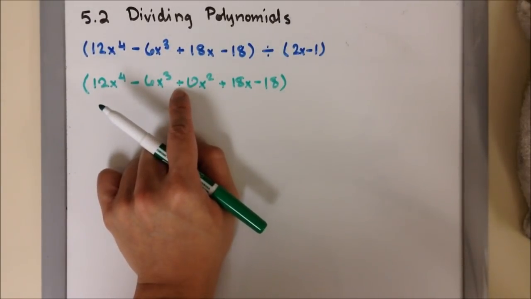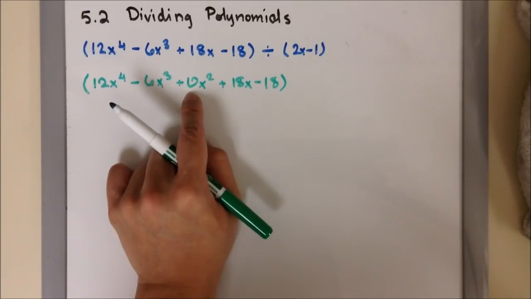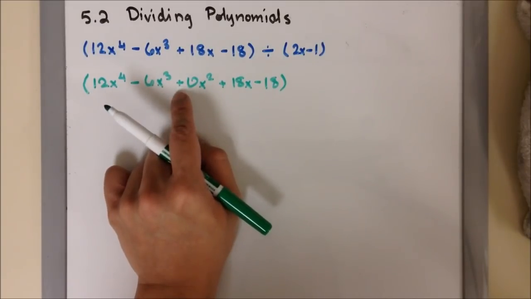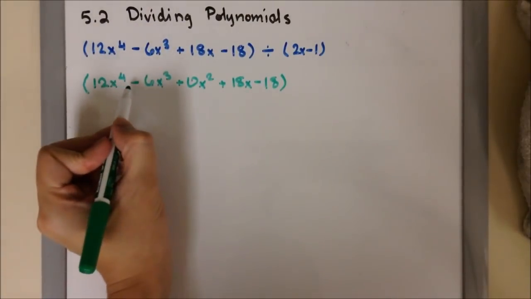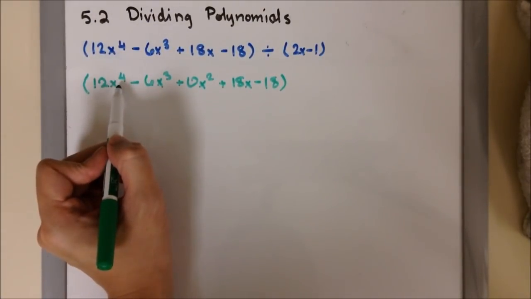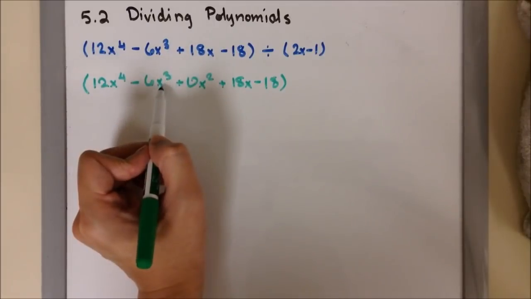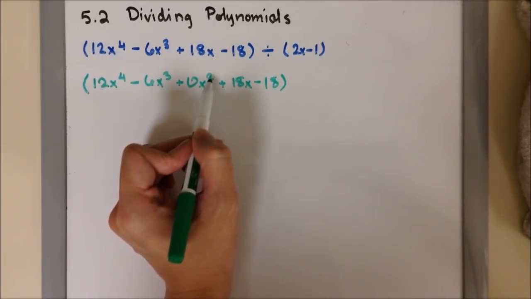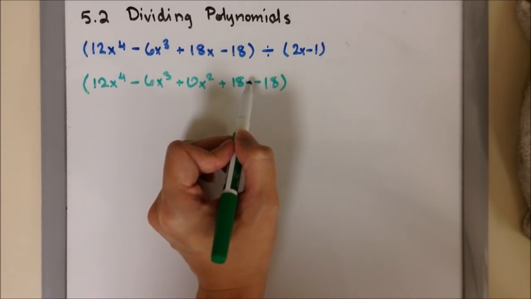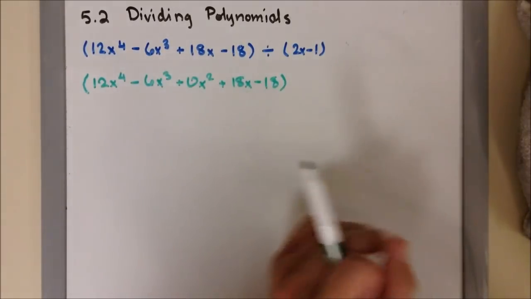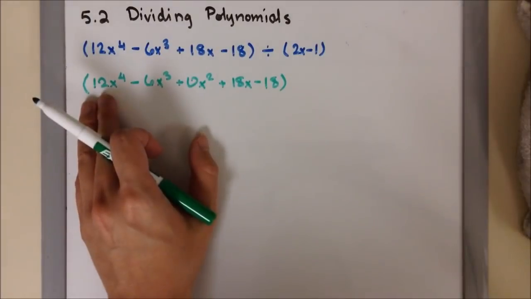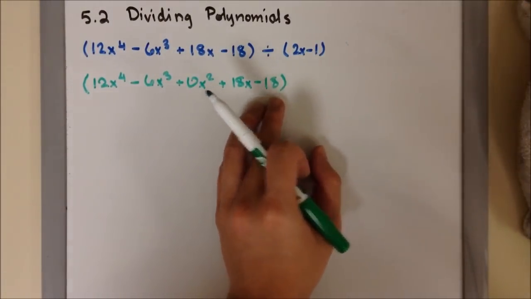It doesn't matter if you use plus or minus because it's just 0. 0 is a neutral number. So now double check: x to the 4th, x to the 3rd, x to the 2nd, x to the 1st power, and then the constant number. So all my terms are here.